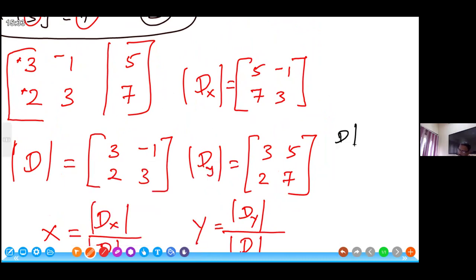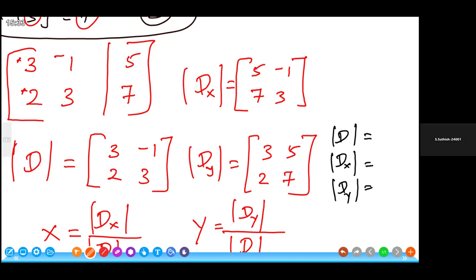What is d? Determinant of d, determinant of dx, determinant of dy. So how to write a determinant of x?